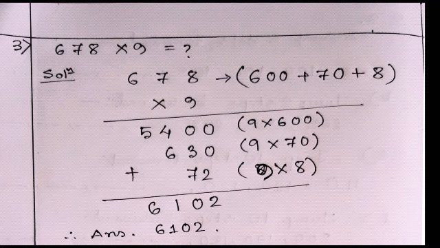Then we have to multiply the highest place number first, like 600 by 9, then 70 by 9, then 8 by 9. Now we have to arrange it in columns, and after that we have to add column-wise, like ones column, tens column, hundreds column and thousands column. Then I have got 6102.